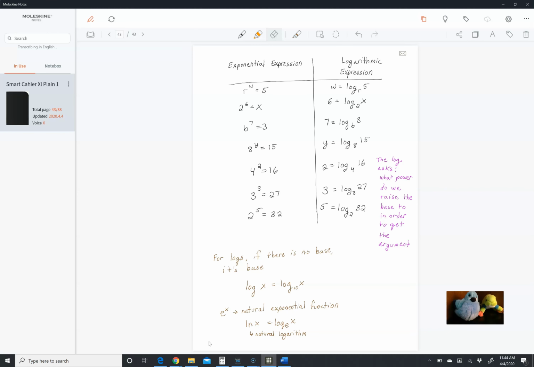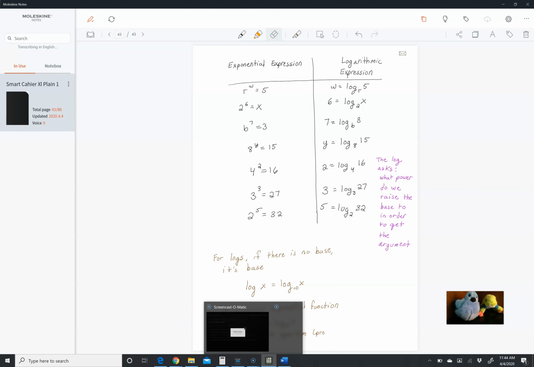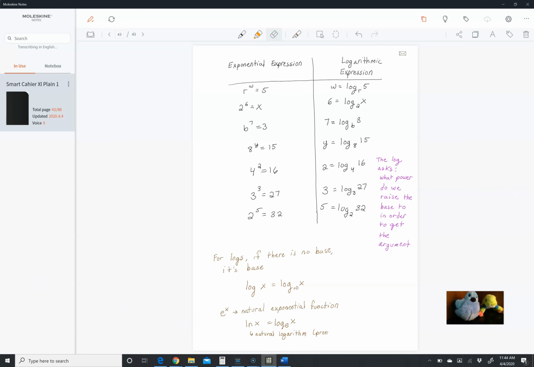If you see ln, we pronounce it as ln. And you have to write it with, this is an L, it is not an I. Do not write an I, so you shouldn't have a top and a bottom. This is an L, so it's ln of x, okay? ln of x is equal to log base e of x, okay?